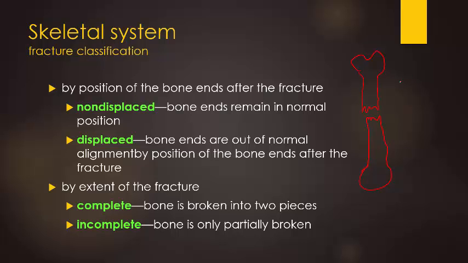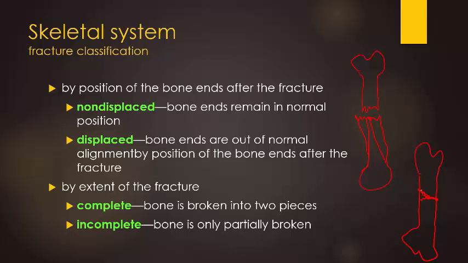If, on the other hand, that bone were jutting over like this, then we would talk about that as a displaced fracture, where the bones are out of their normal alignment following the fracture. If the fracture goes partway through the bone but doesn't completely break it, like this, then that will be an incomplete fracture. A complete fracture would be one in which the bone is completely broken into two or more parts. So complete versus incomplete fractures.